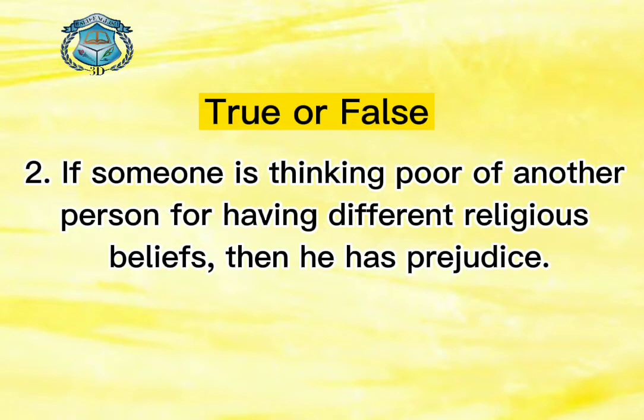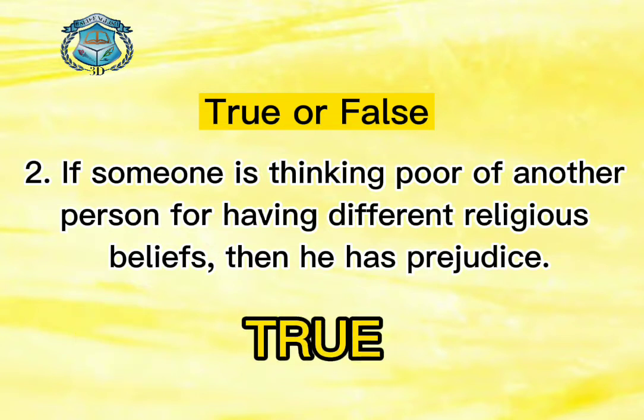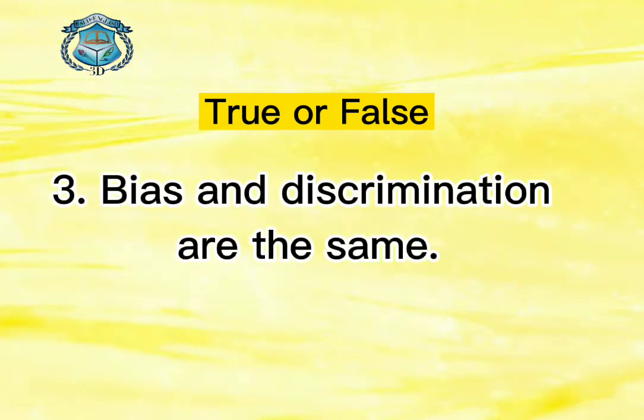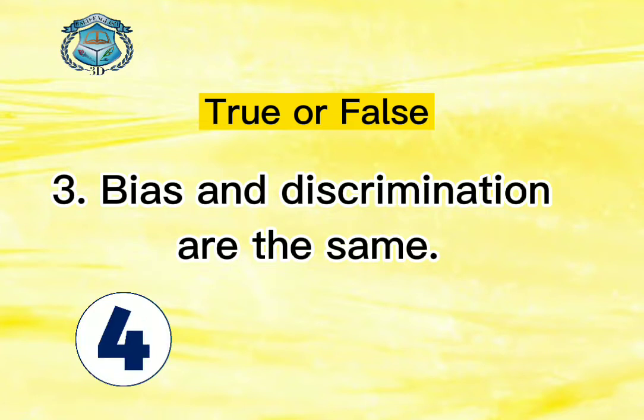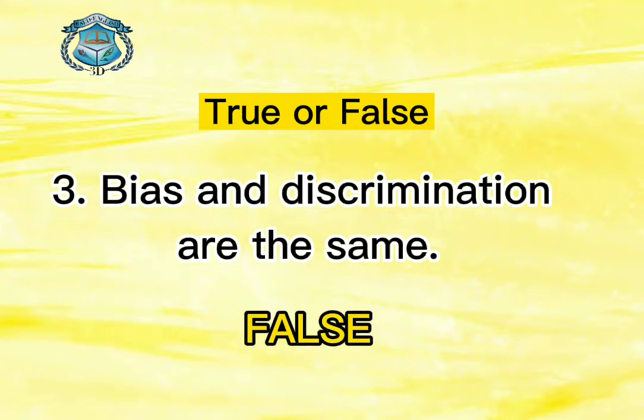If someone is thinking poor of another person for having different religious beliefs, then he has prejudice. Very good. True. Number 3. Bias and discrimination are the same. The correct answer is false.